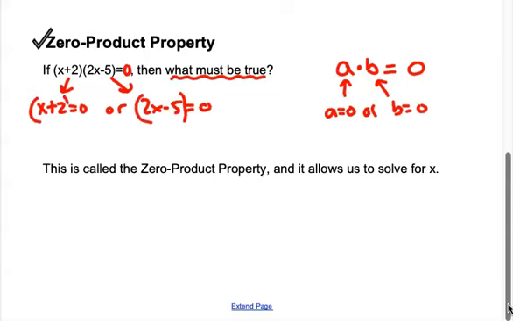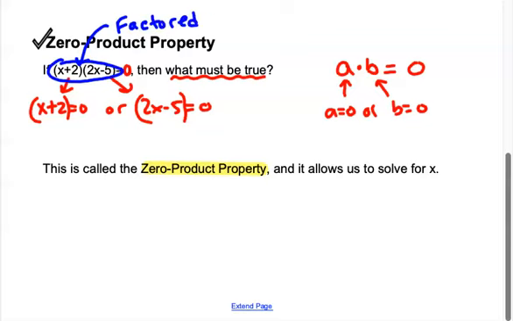One of these two things must be true, or both. This is called the zero product property, and it allows us to solve for x. This thing right here is called factored form.